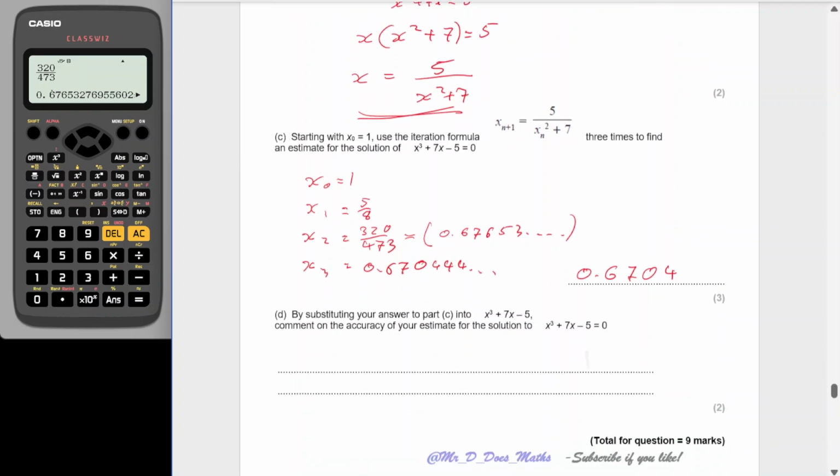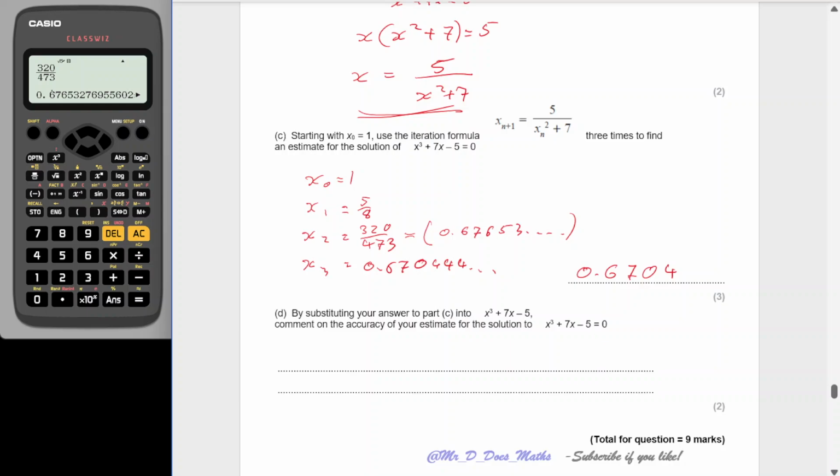Okay, part D, by substituting your answer to part C into the solution, comment on the accuracy of the estimate.